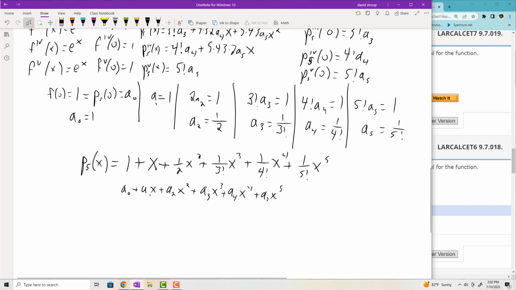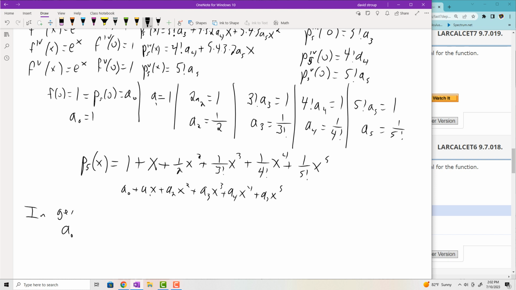So how did I get the process? How do I streamline this process and make it general? Well, all you're doing is equating coefficients to the derivatives of the function you're trying to get a representation for, evaluated at the center. So let's just make sure we all are on the same page.